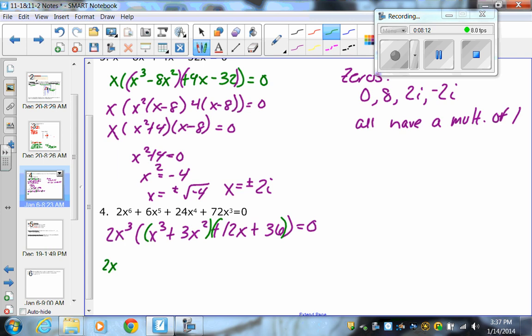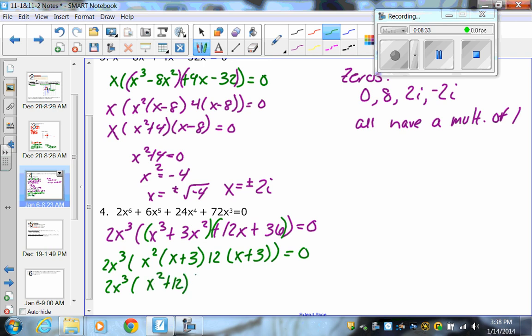So I have 2x to the third. Common here is x squared. That leaves me with x plus 3. I can pull out a 12 from this one, so that leaves me with x plus 3. So I have 2x to the third times (x squared plus 12) times (x plus 3).